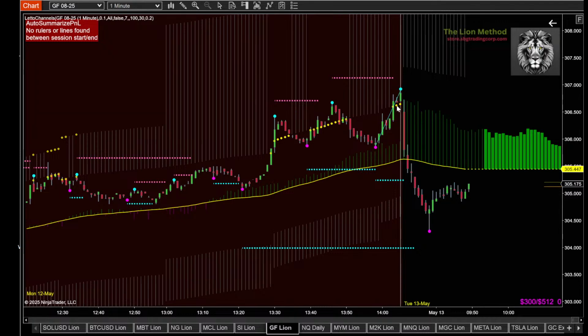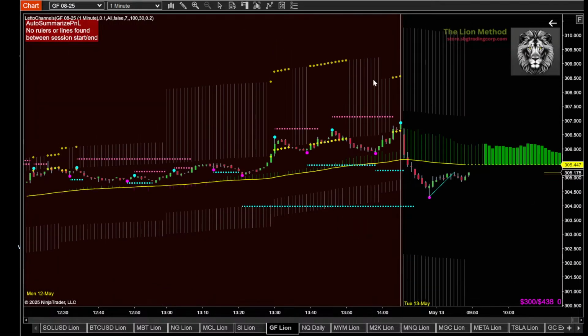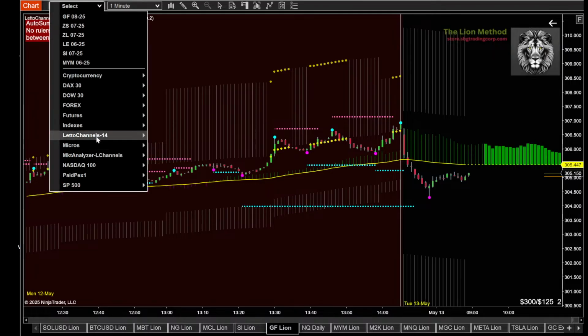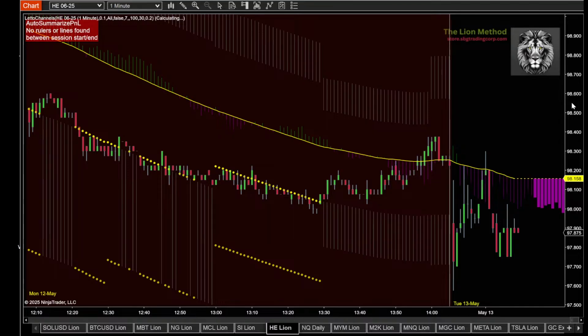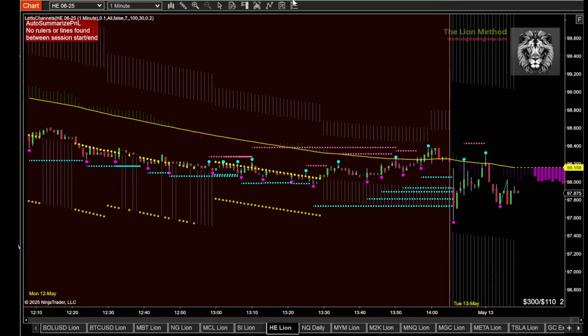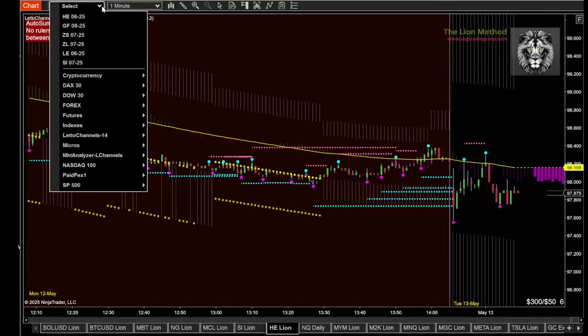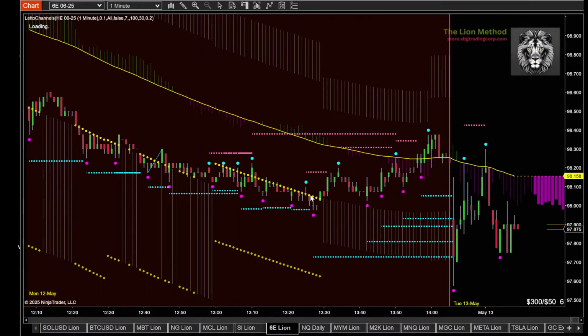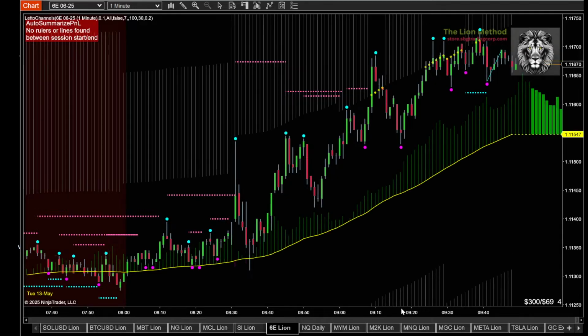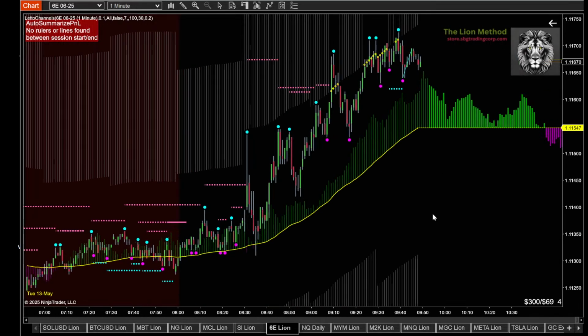It was overbought here at the end of the day yesterday, and it did move out of that region. But for today, it was not either overbought or oversold. Talking about feeder cattle. Let's see what the other one is. And nothing going on in the HE. Let's see what Euro currency has here.